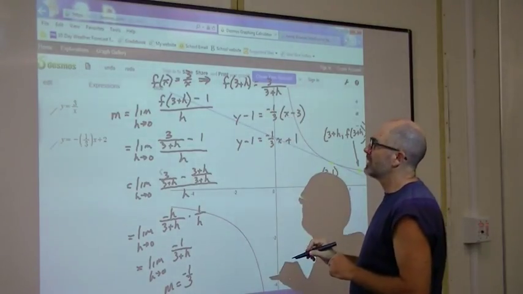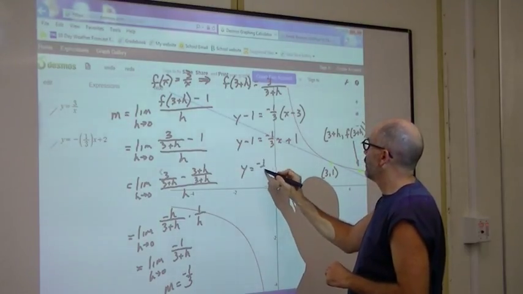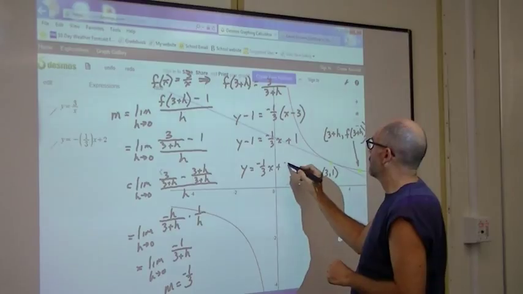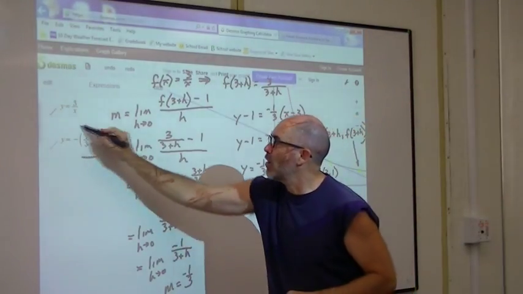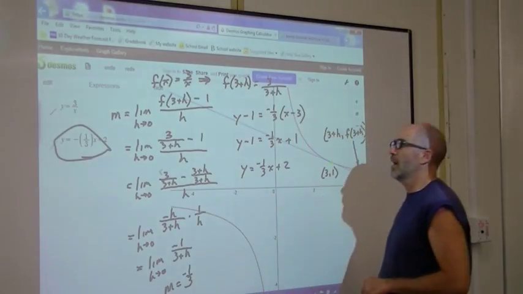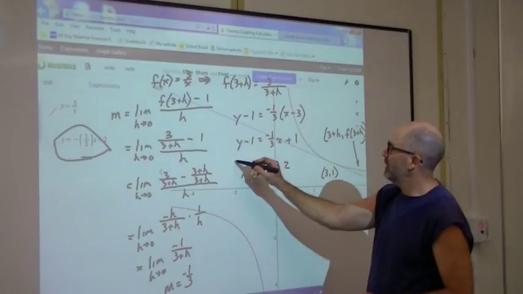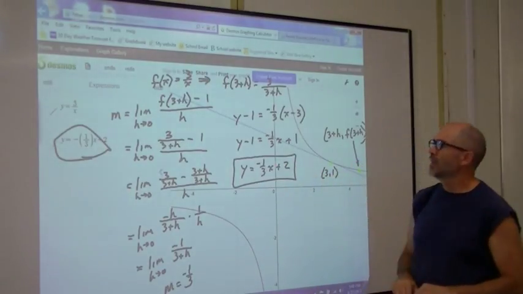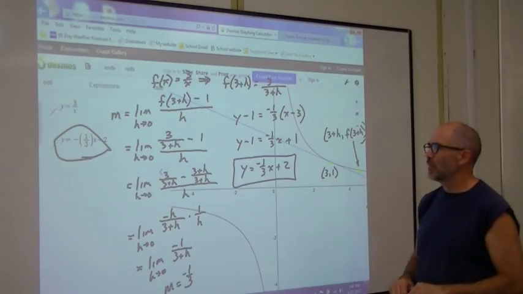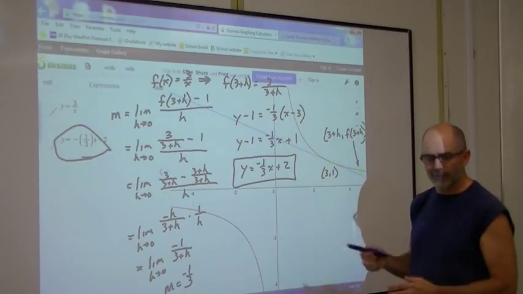Now I add 1 to both sides, and I get y equals negative 1/3 x plus 2. Man, it's like I already knew that. How amazing is that? Okay, so this is your final answer. So, recapping the action. Well, rewind it and recap it for yourself.